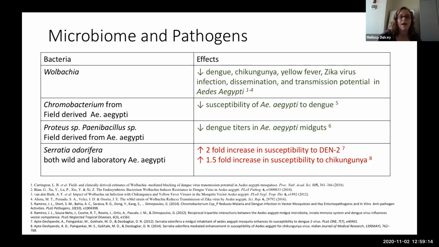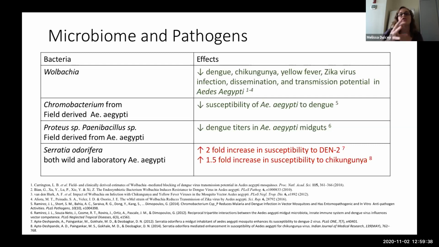And then we also have the opposite effect with Serratia odorifera, which showed an increase of dengue 2 and chikungunya in Aedes aegypti. And although these are really great studies, they are also done under situations where they take the mosquito and feed it antibiotics and wipe the mosquito completely clean of its normal bacterial contents.